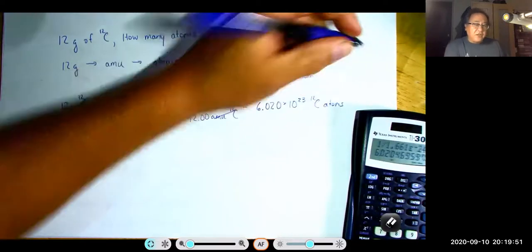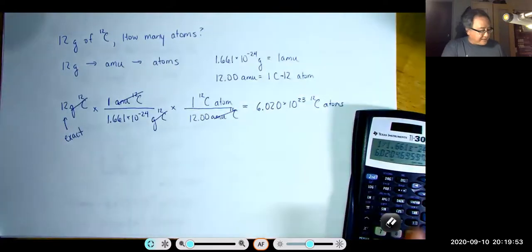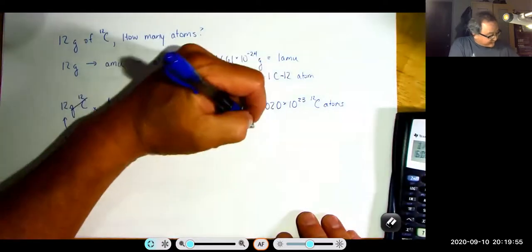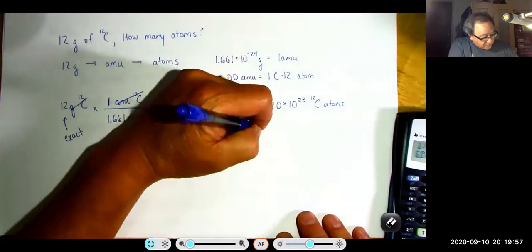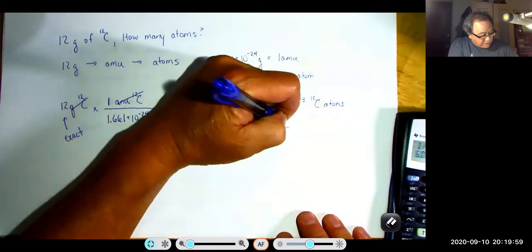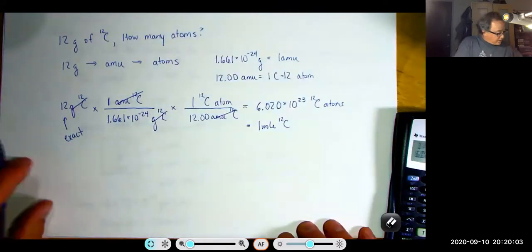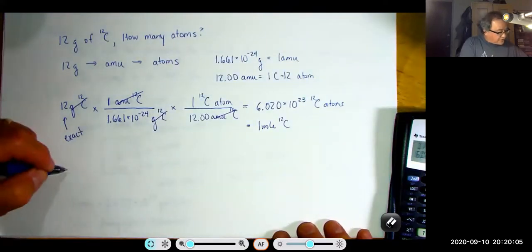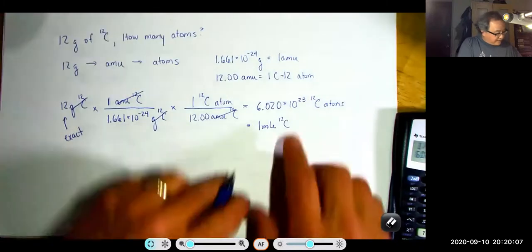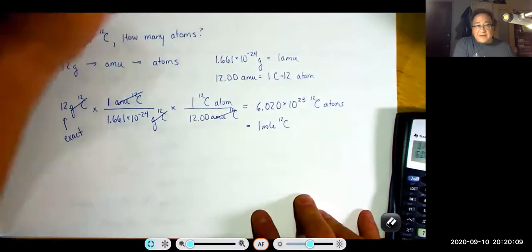Now that's really close to the number we expect it to be. So this is 1 mole of carbon 12. All right, so the answer to our question, how many atoms, is this many, and that's 1 mole of atoms.